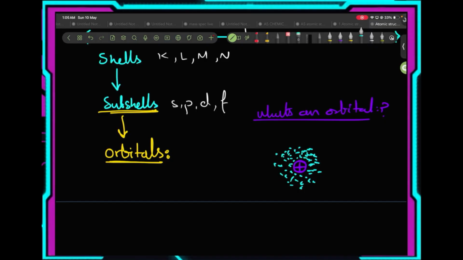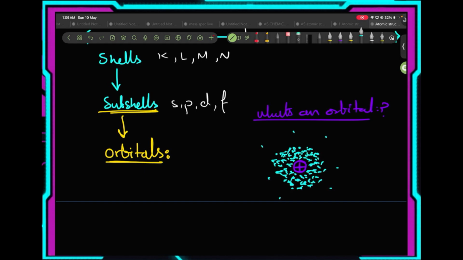So random movement, at every instant of time, you'll find the electron in a different place, or at a different dot that I'm drawing over here. And then you'll also find it somewhere over here, right? So this is the probability of finding the electron around the nucleus.